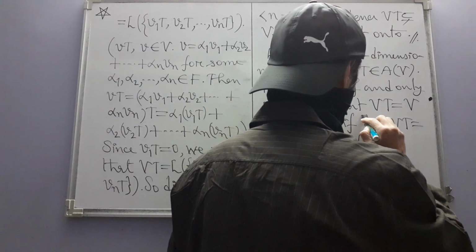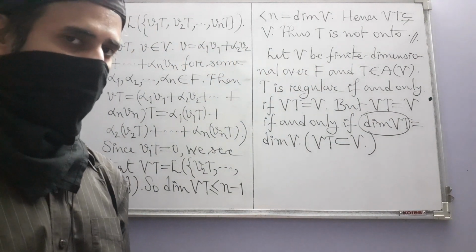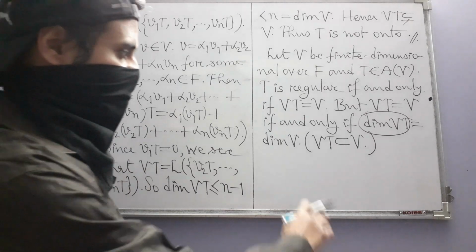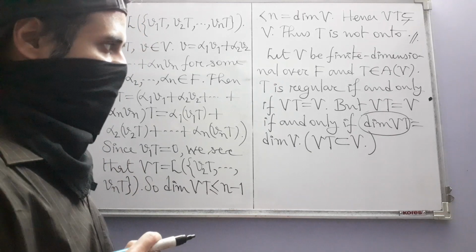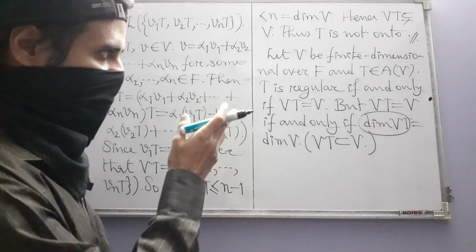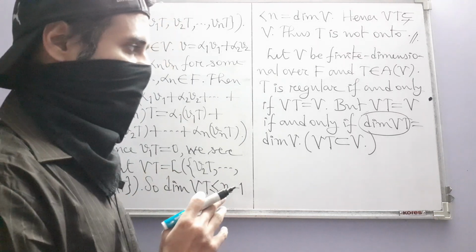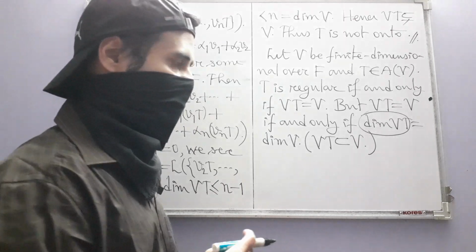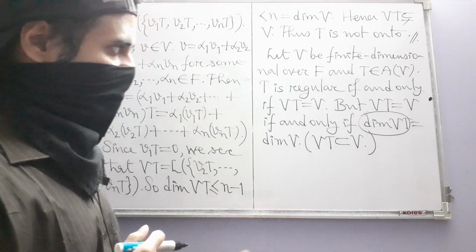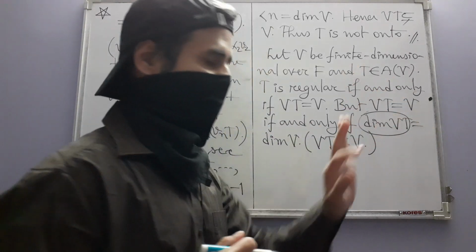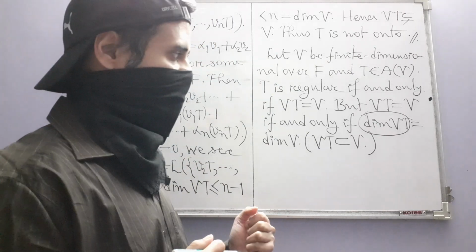And this quantity is of importance not only because it gives us another way of stating this same result, but it also is kind of a measure of regularity, or you can also say a measure of lack of regularity or singularity of a linear operator. You see, what is the dimension of Vt? After all, it's a non-negative integer, right?